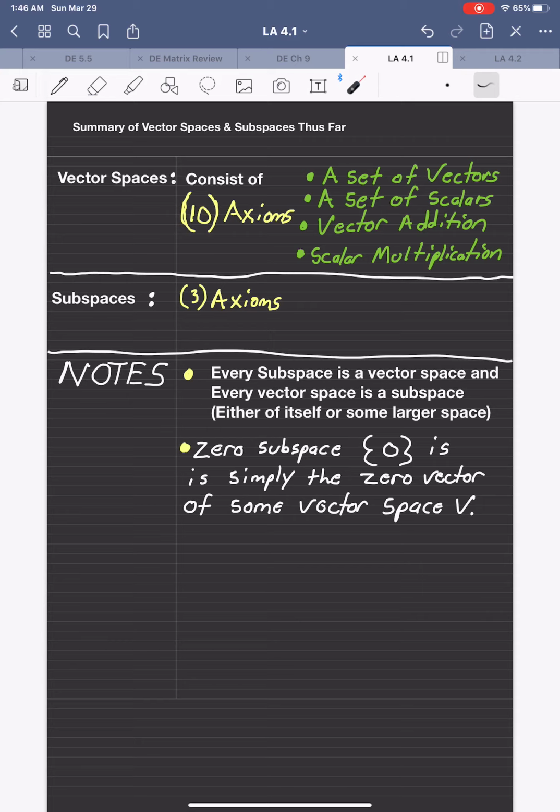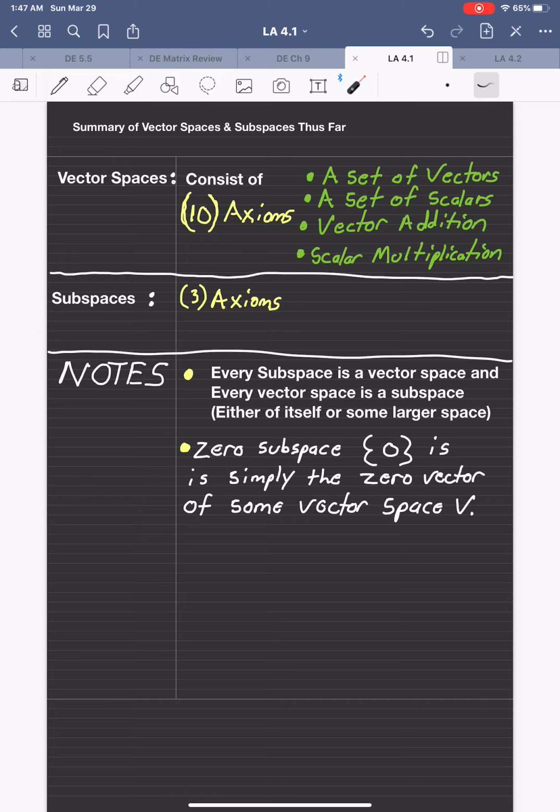With those defined, there are 10 axioms that must hold to meet the condition to say that it is a vector space. What is a subspace? Well, it's the same in the sense that it's a set of vectors, set of scalars, two operations, vector addition, scalar multiplication, only now there's 3 axioms that must hold.